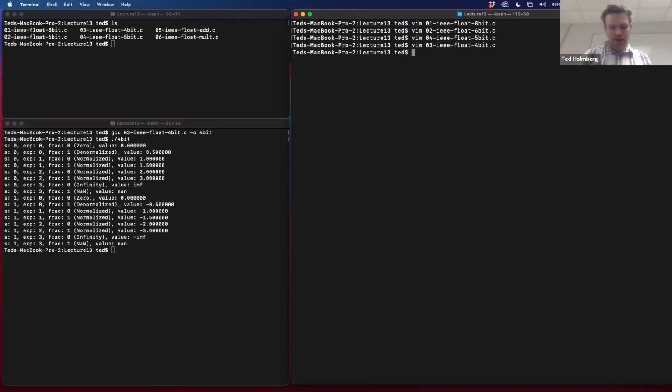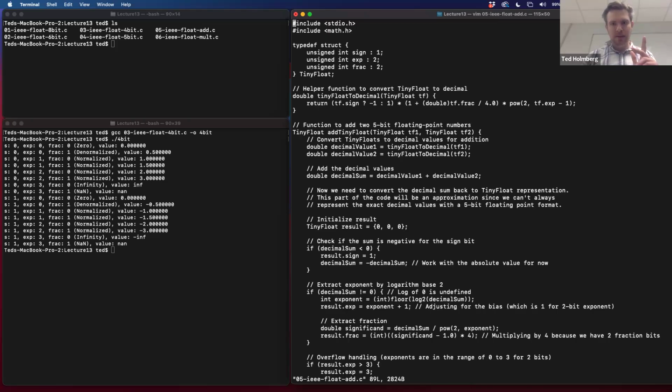So here, let's take a look at this. We have some source code here. Again, I'm not super interested in the source code because I'm not expecting you to implement your own fractional numbers. I'm just showing you that this is available and that you can see at least what the makeup is of our floating point value.